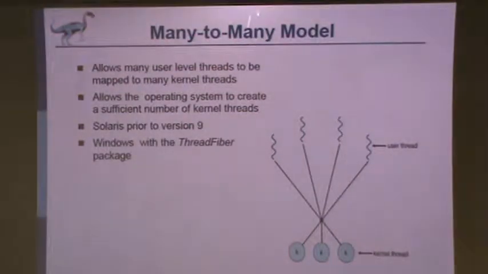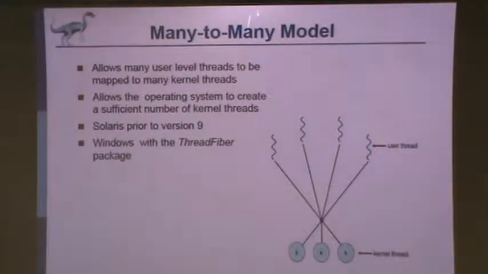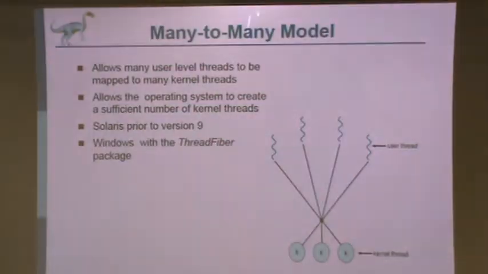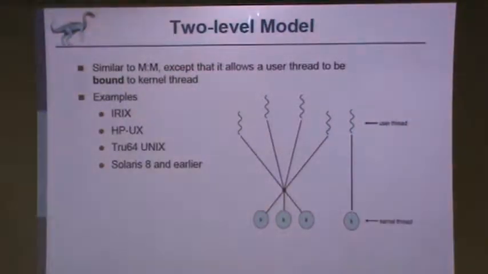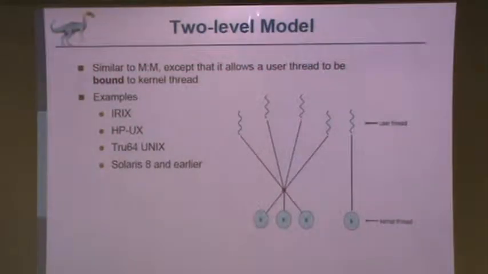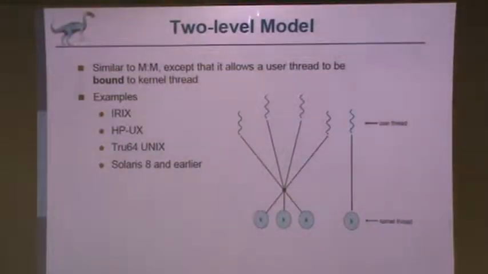The third model is many-to-many. Obviously, user threads can be multiplexed over many kernel threads. We also call this the two-level model. In the two-level model, the system can handle whether the user thread is very important or not.